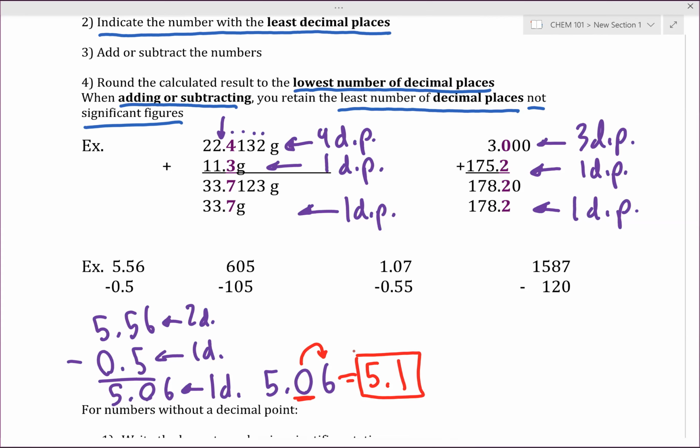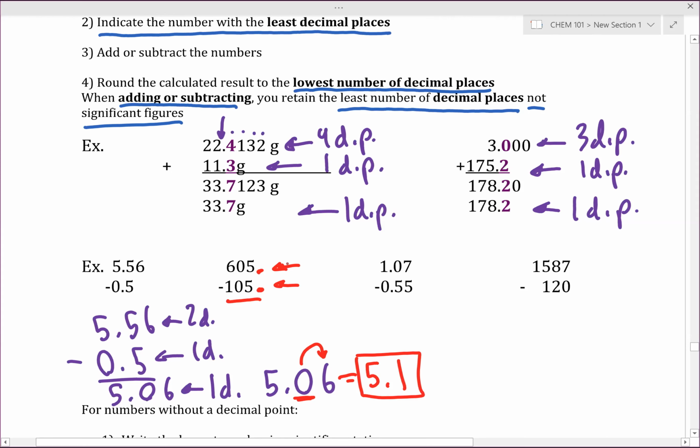Okay, let's repeat this process for the following example. So 605 and 105. How many decimal places do each of these numbers have? Do they have any numbers after the decimal point? No. So we're going to put a decimal point at the end of each of these 2 numbers. And how many decimal places do each of these 2 numbers have?